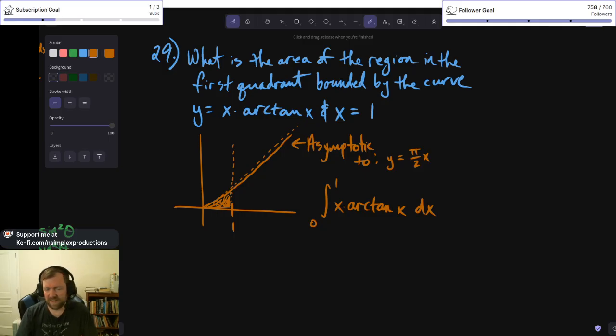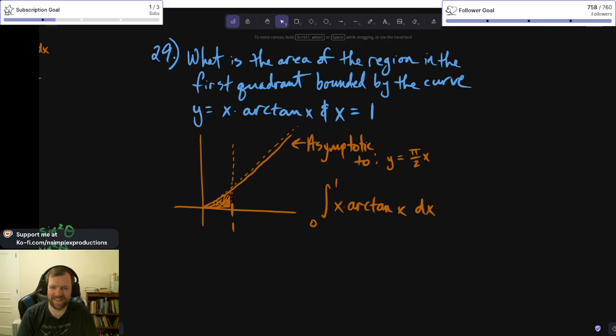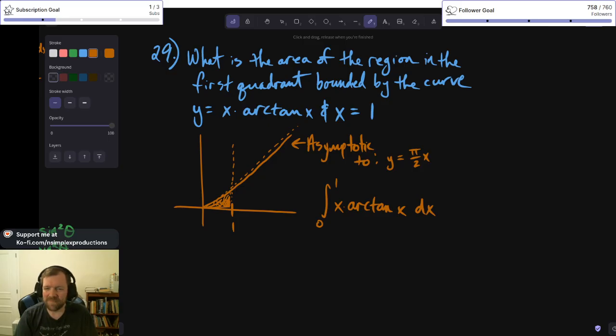If we do this as we did the last one, and say that it's going to be integration by parts, then if we want to do this, we could say that u could be arctan, and so therefore du is going to be dx over 1 plus x squared.